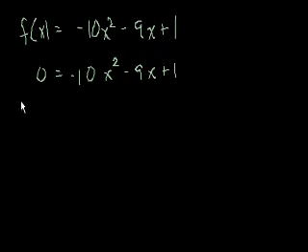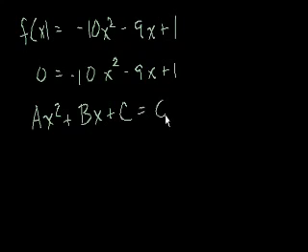And now I'm going to give you one of the few things in math that's probably a good idea to memorize. The quadratic equation says that the roots of a quadratic are equal to, and let's say that the quadratic equation is ax squared plus bx plus c equals 0. So in this example, a is minus 10, b is minus 9, and c is 1.